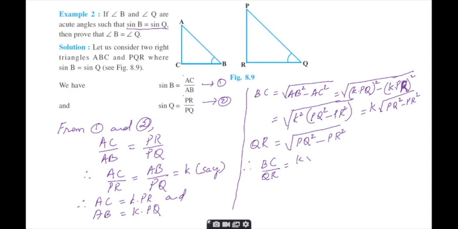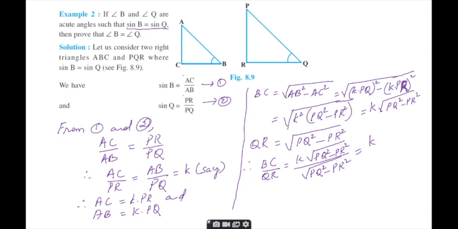K into square root of PQ square minus PR square, divided by QR, which is square root of PQ square minus PR square. So here this entire radical sign, that is like a bracket only, that can be cancelled. So what remains is a K.